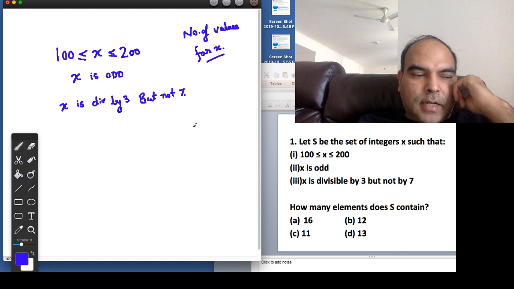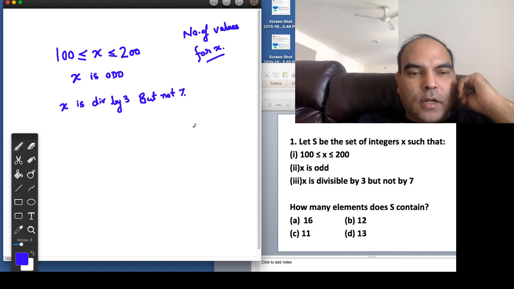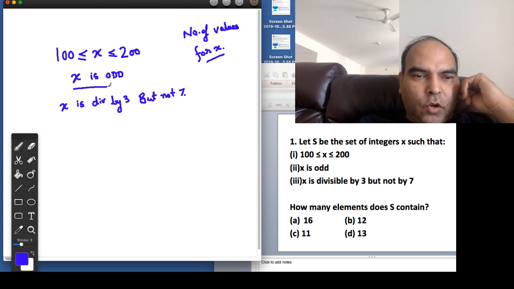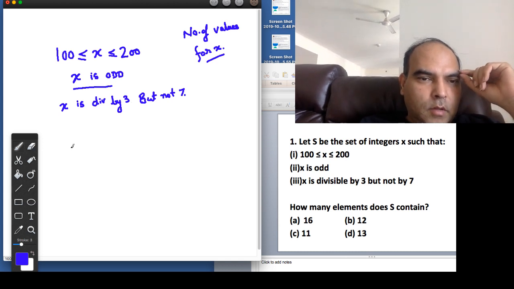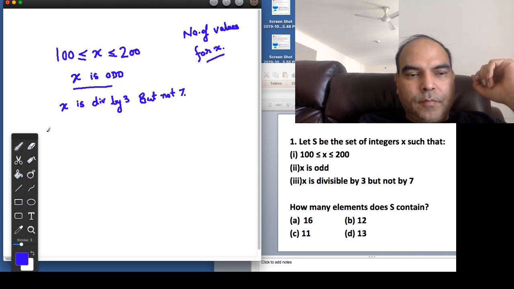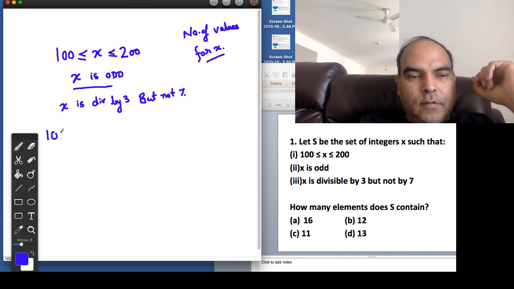So okay, let's try to solve this. The first condition for x is that x is odd. So that condition basically eliminates all the even numbers.